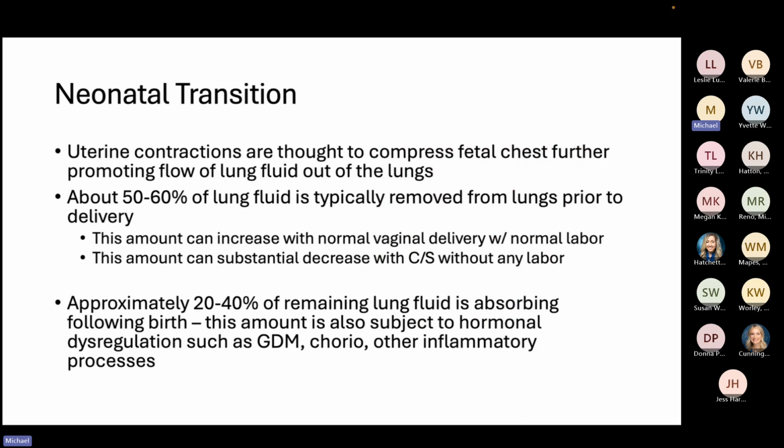That's why a normal laboring process is important. About 50 to 60% of lung fluid is typically removed from the lungs prior to delivery. So the lungs are not completely dry at the time of birth, but they are mostly dry is the best way to think about it. And so remember, the amount of fluid removed can increase with a normal vaginal delivery, with a normal labor.